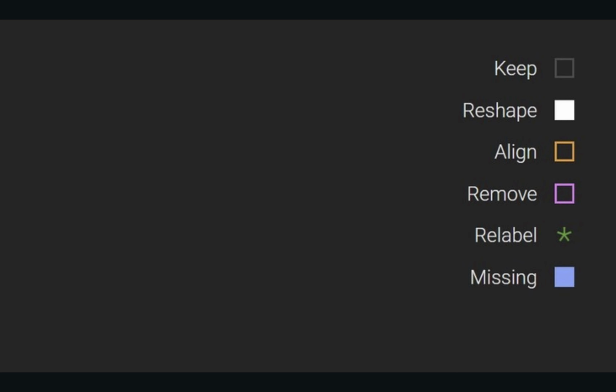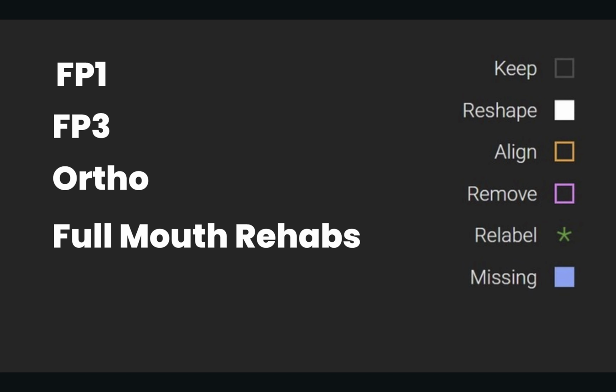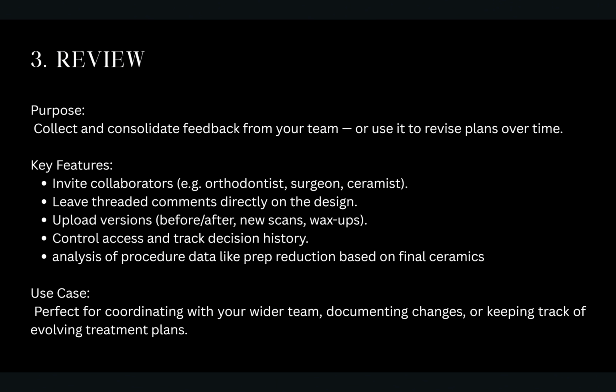But with these options, you can build out your designs around FP1, FP3, pre-surgery. You can go through and show and build a simulation of orthodontically where you want teeth to turn up. You can plan full mouth rehabs, bite lifts, veneers. The world is your oyster.